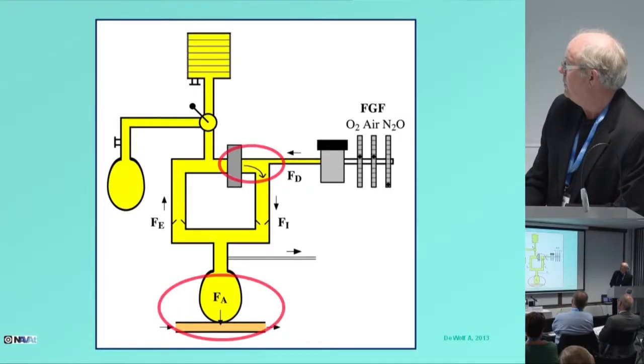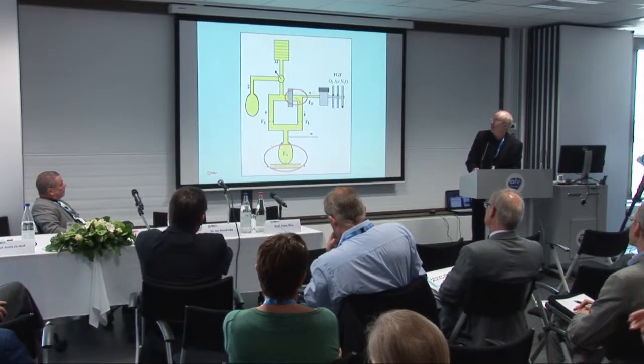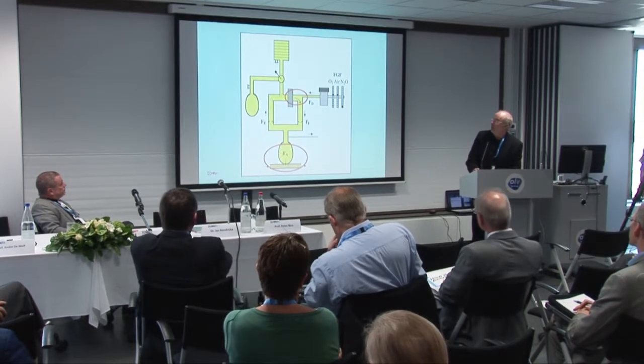So the difference here is purely related to patient uptake. That means that the exhaled gases will have a lower concentration of your inhaled anesthetic than the inspired gases. And these exhaled gases are now re-inhaled. So that's why lower fresh gas flow rebreathing results in all these discrepancies between delivered concentration and inspired concentration.